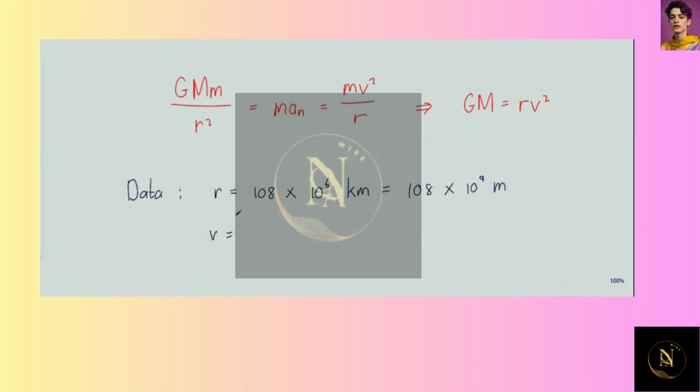V, the speed of the orbit, is 126.5 times 10 to the 3 kilometers per hour. And this is equal to 35.139 times 10 to the 3 meters per second.